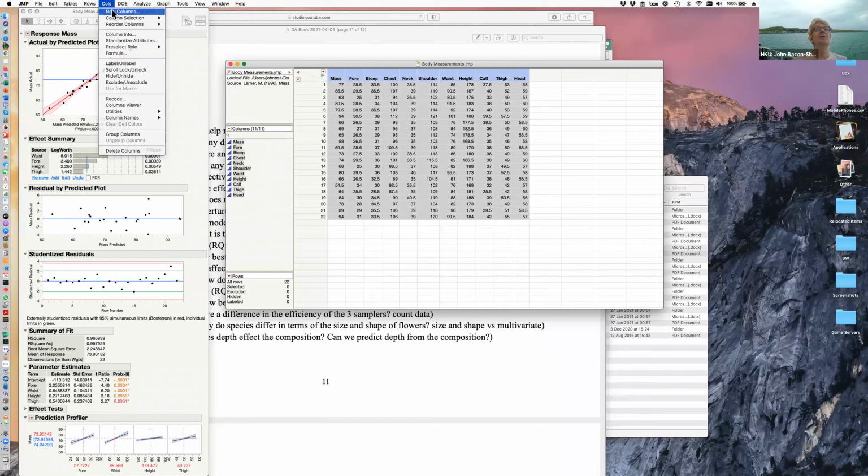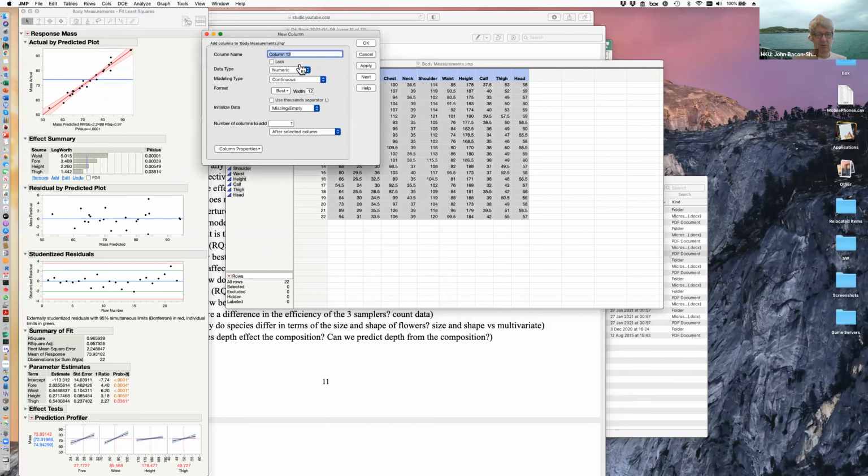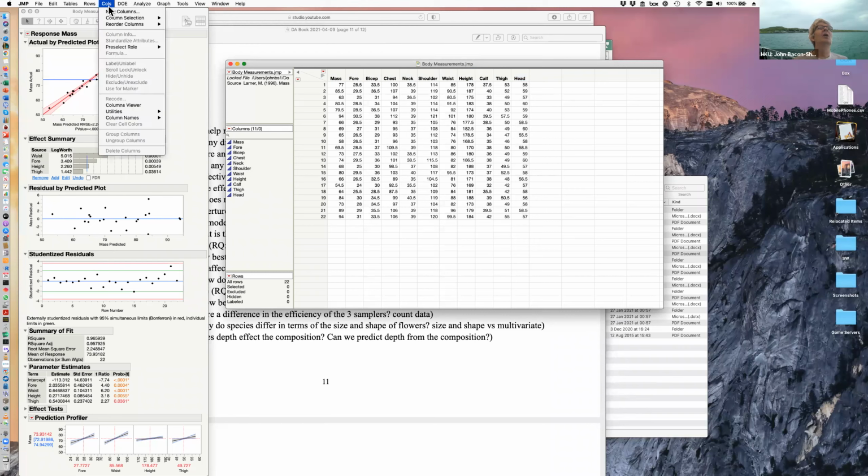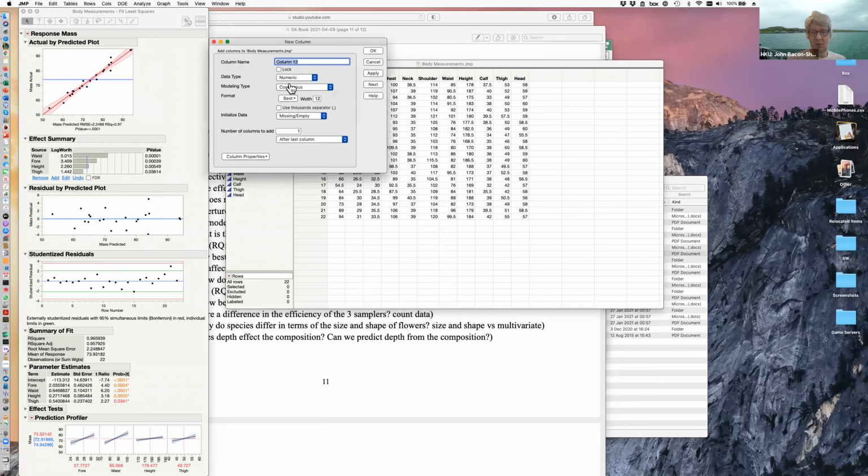Okay, so I'm going to create new columns. I'm going to use log 10. Just do columns, new columns, log, and I want to put 10 of these at the end.